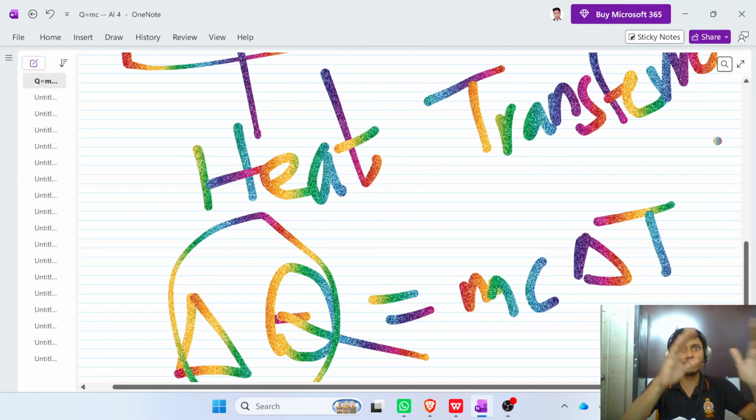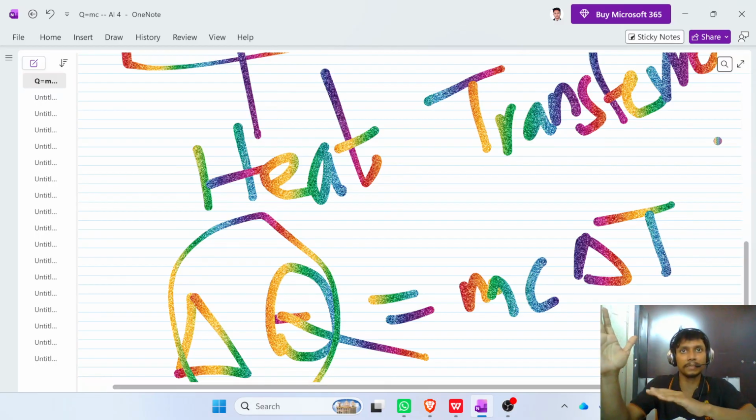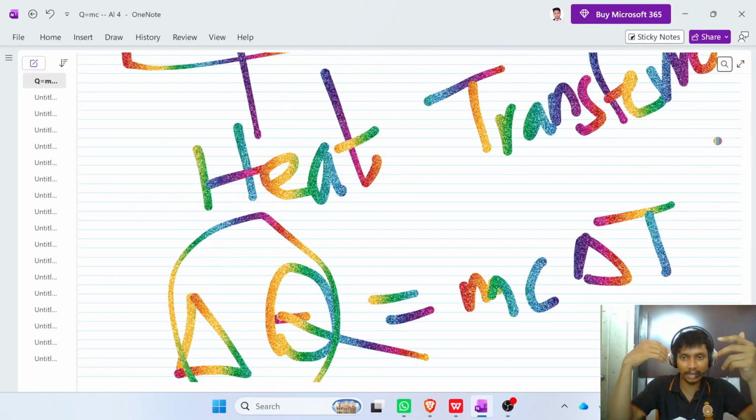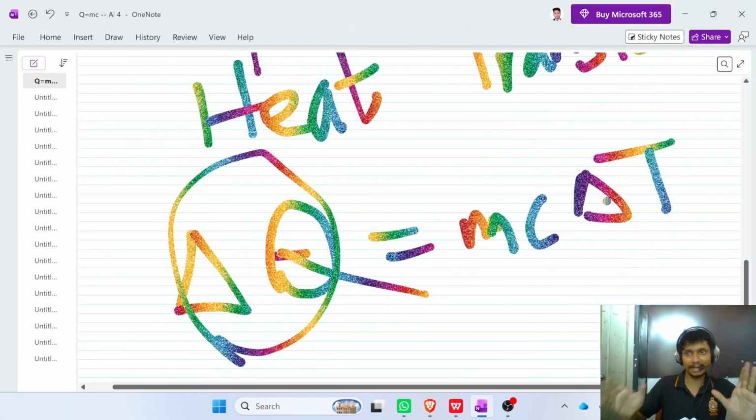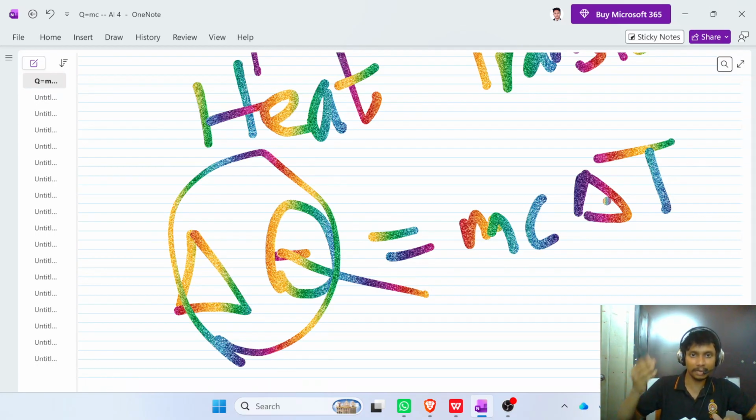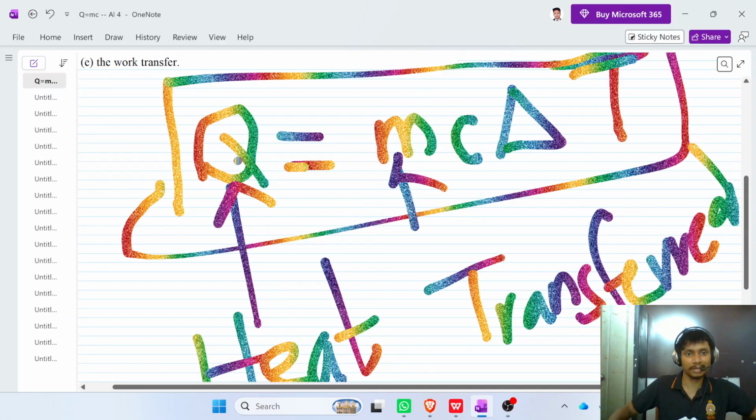If we move the temperature from 15 degrees Celsius to 250 degrees Celsius, we have to give energy as heat. Therefore, Q is really the difference: how much energy or heat we must input to the gas to increase the temperature.